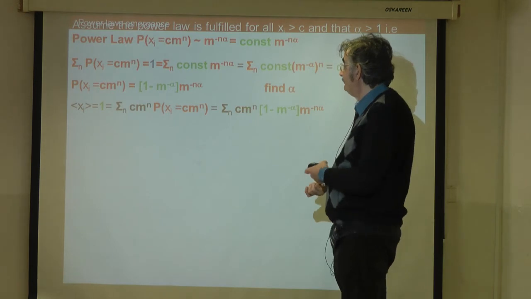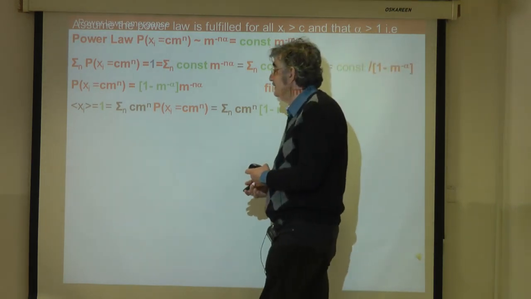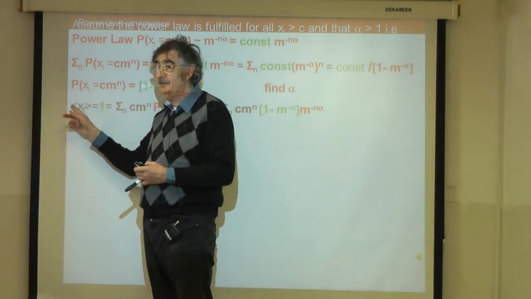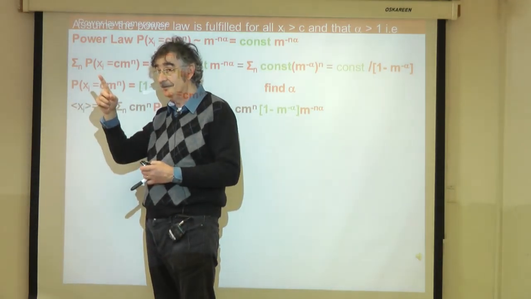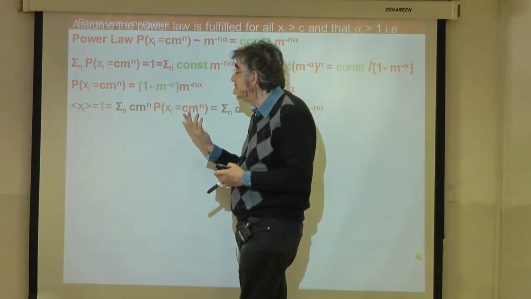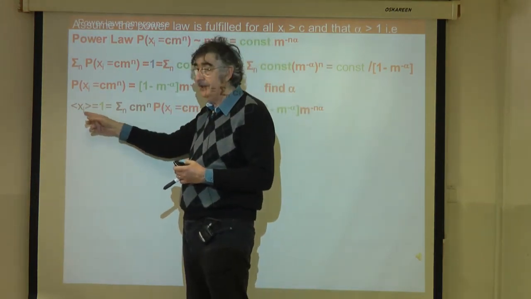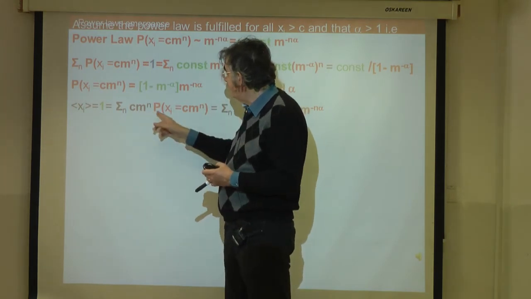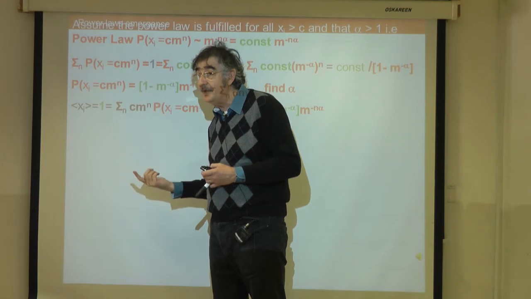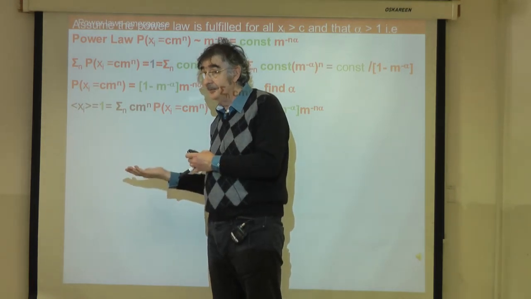For instance, why do I need probabilities? Because I want to exploit the fact that I know that the average of xi is equal to 1. You remember, we established. Now, what is the average of a number? It is the sum of all the values which this number can take, each of them with the probability of that value.